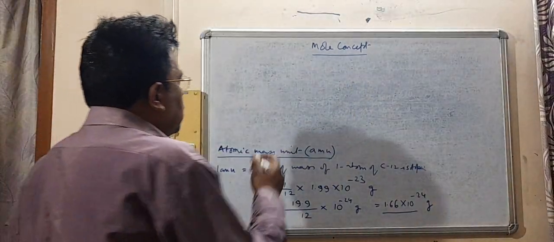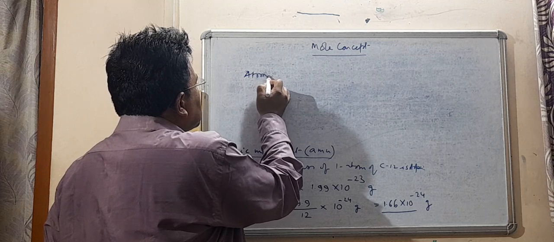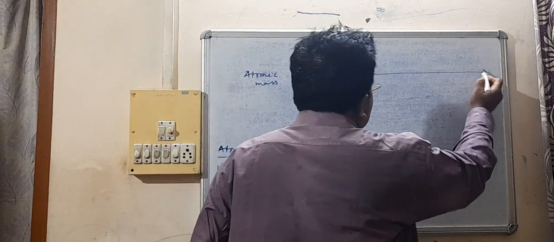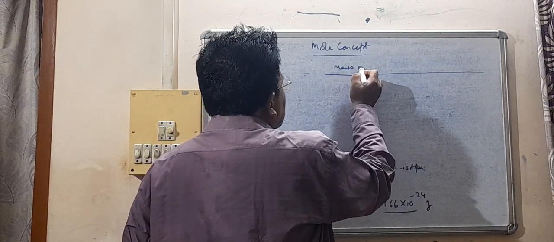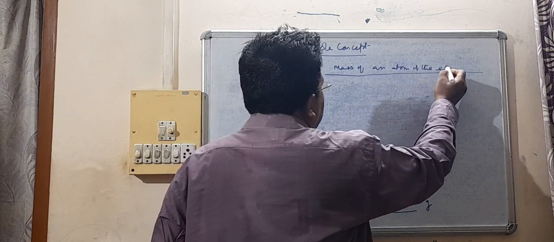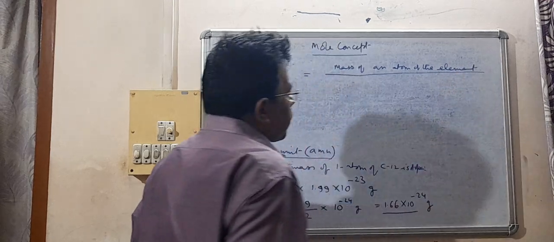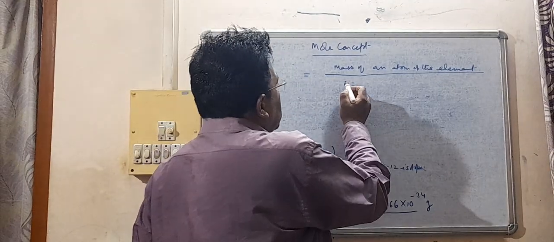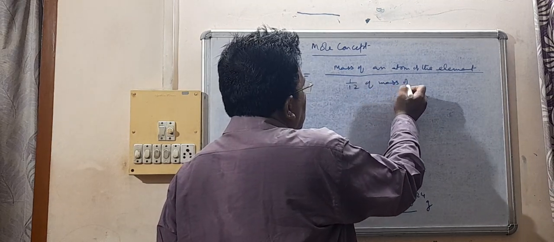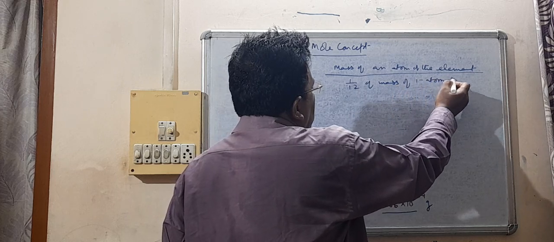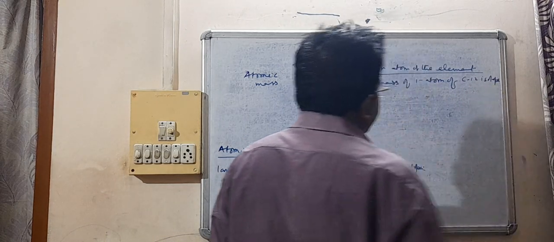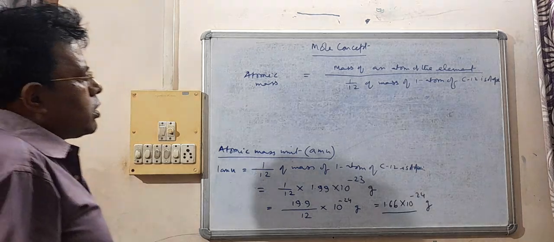So atomic mass was defined like this: mass of an atom of the element, mass of an atom of the element divided by 1/12 of mass of one atom of carbon 12 isotope. Okay, so this is the definition of atomic mass.